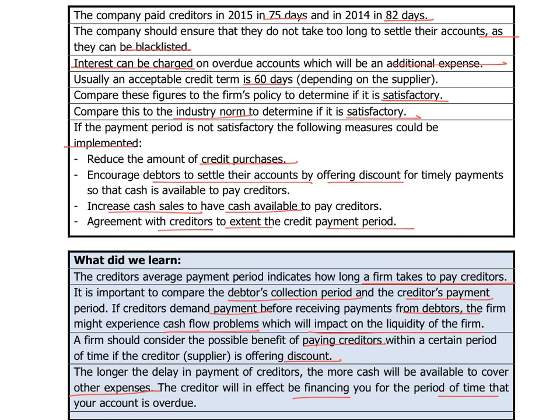So when you look at the creditors' payment period, you must make sure that you don't take too long and that you are blacklisted and they don't want you to buy from them on credit again in the future. On the other side, you must try and extend your payment period so that they are actually financing you and you can use the money in the meantime to pay your expenses until the debtors pay their accounts.